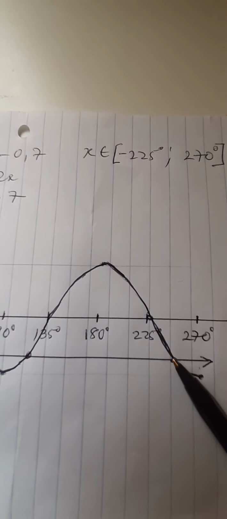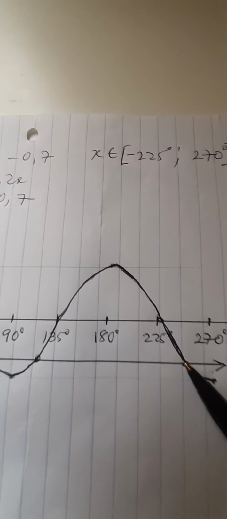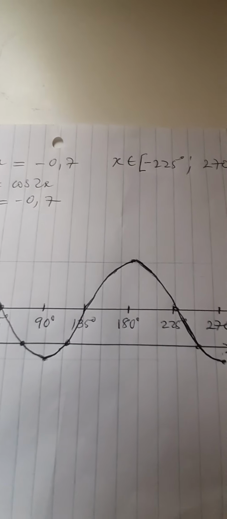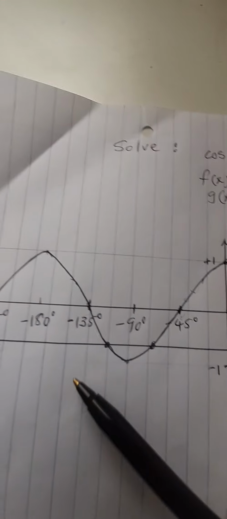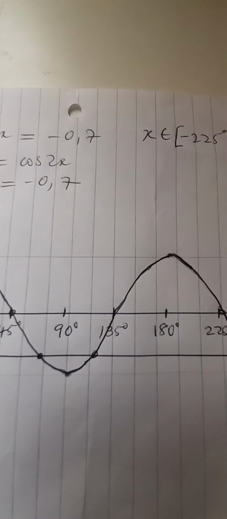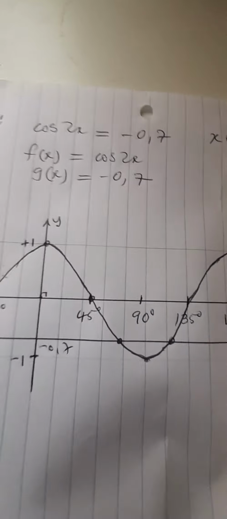The last point of intersection is between 225 degrees and 270 degrees. How many points of intersection do we have? It's 1, 2, 3, 4, 5. Now, we'll go ahead and use algebra to solve the equation.